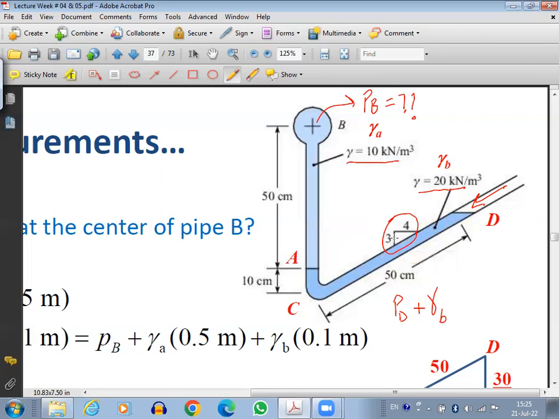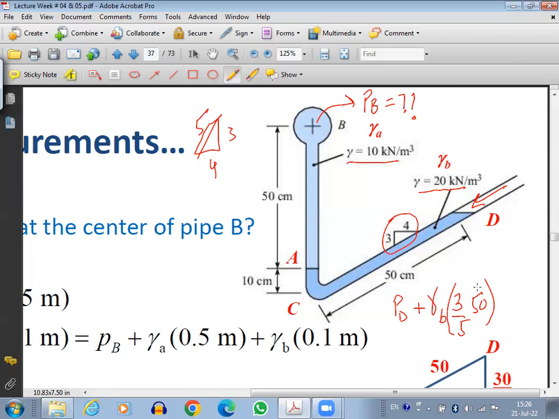So it should be 3 by 5 if I want the vertical fraction. So it should be 3 by 5 of 50. This is a right angle triangle, right? This is 3, this is 4, this will be the hypotenuse, which will be 5. It's clear? So it should be 3 by 5 of 50.